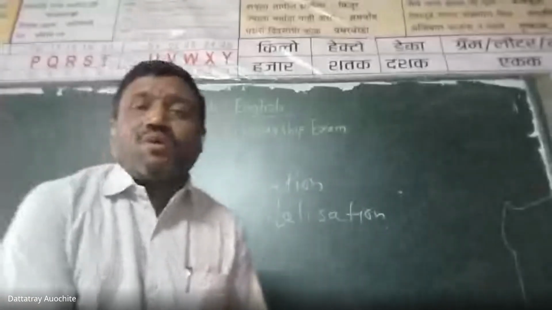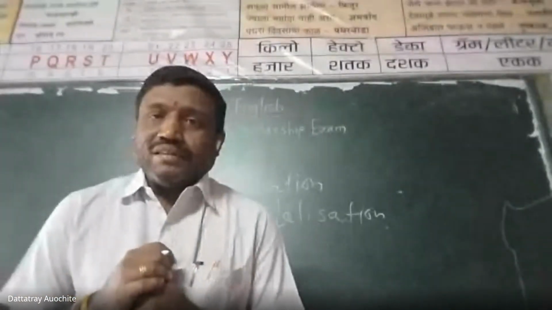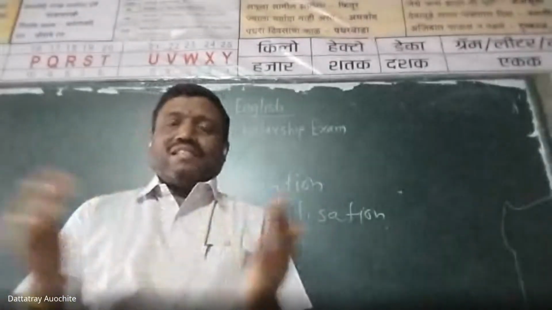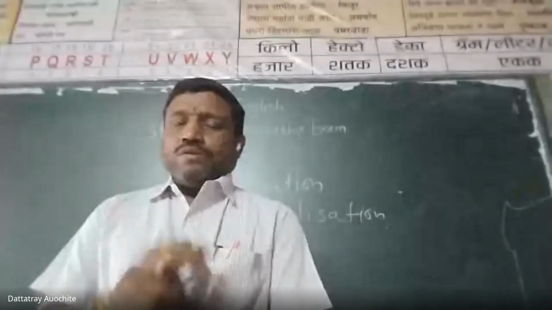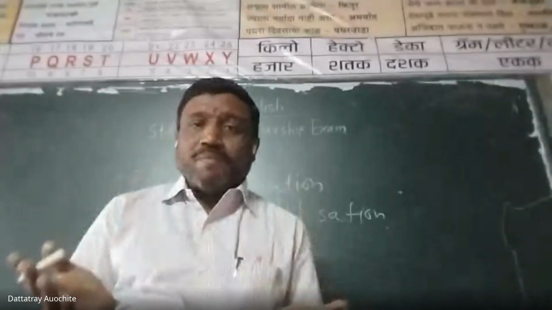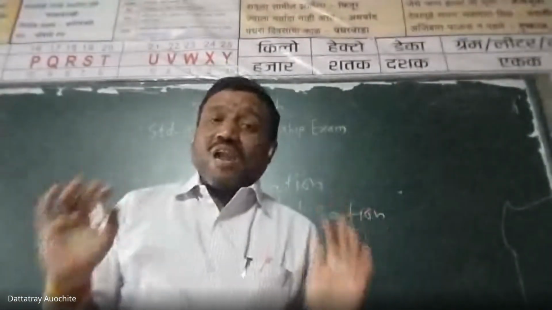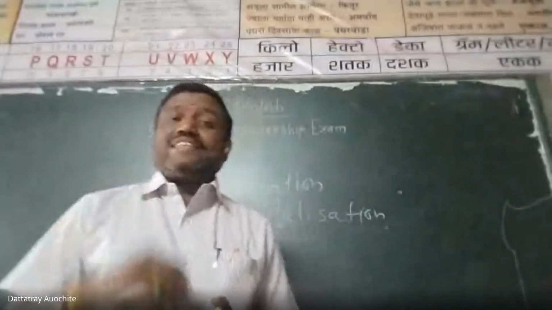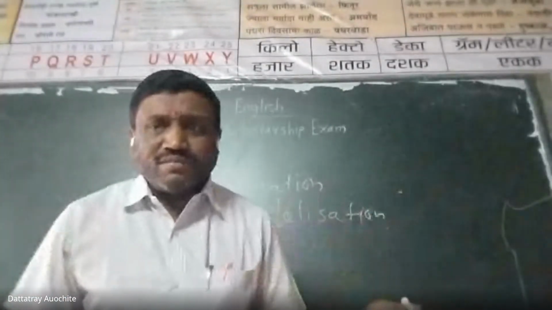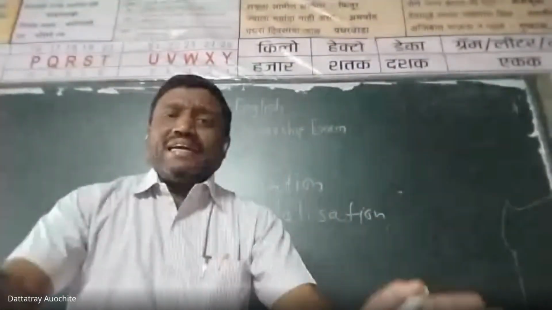So what does capitalization mean? We know that in English there are alphabets, which represent the sounds. In every language there are different sounds, and these sounds are represented by letters.